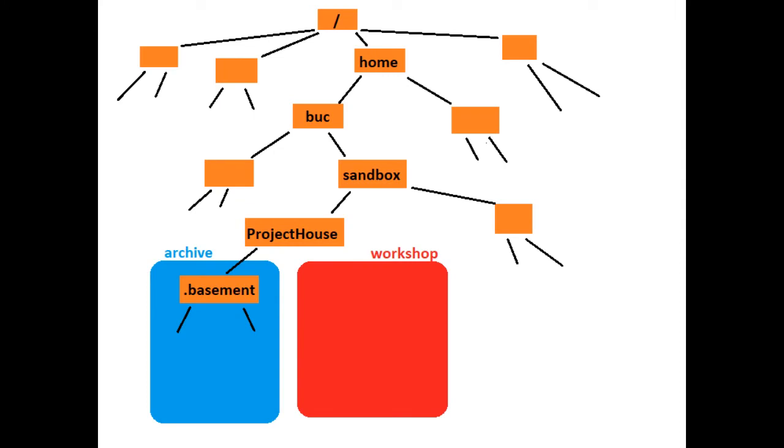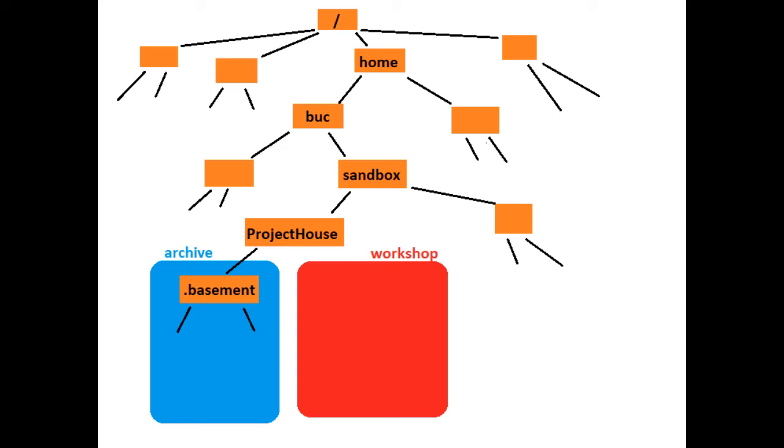The project house, as it exists under its root in the file system, does have a hidden folder named .basement that holds a storage system similar to the irredundant storage system in the hidden .git folder of a Git repository. There are no projects anymore anywhere else in the file system, neither dead nor alive.